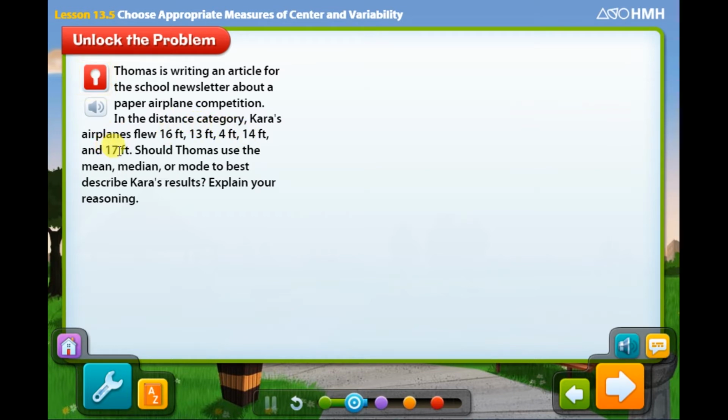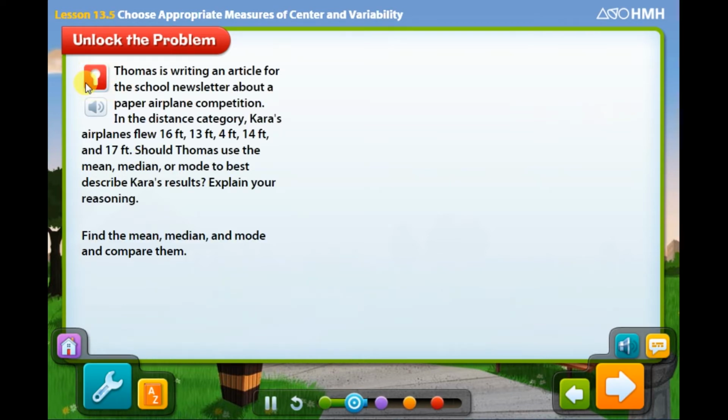What does he want me to find? He wants me to find the mean, median, and mode of the data, then compare these numbers and find which one is the best one to describe the data. And we said the best number to describe any data is the number just in the middle of the data.